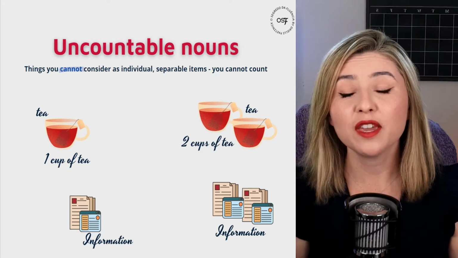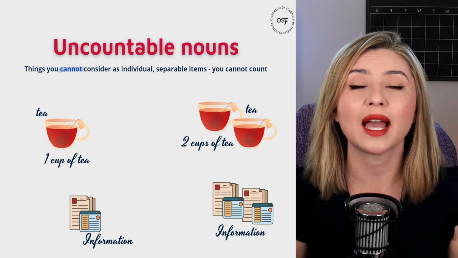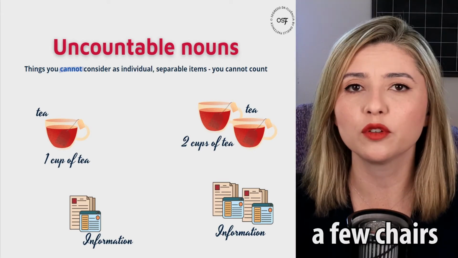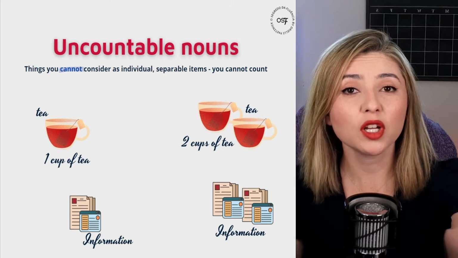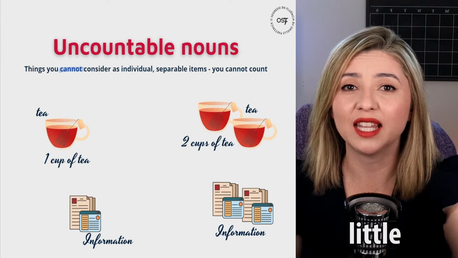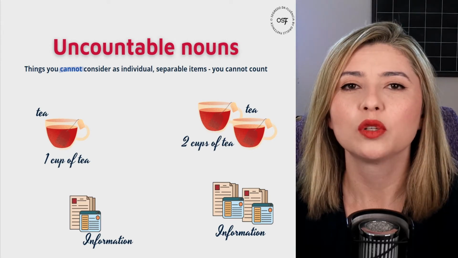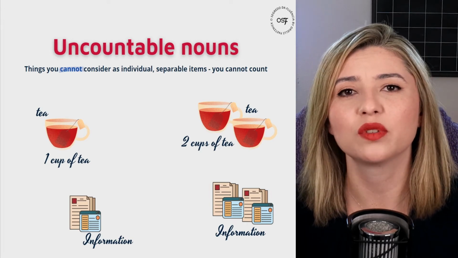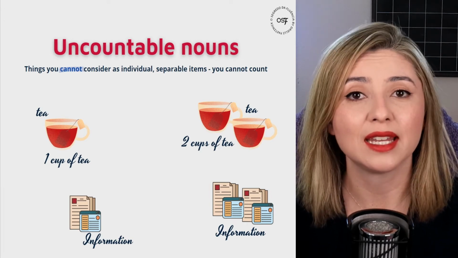That is odd. Few, we are going to use for countable nouns. I have few chairs in the room. I have a few chairs in the room. But sugar, I can say, I have little sugar. Little, a small quantity of something that I cannot count, so I use little for uncountable nouns.